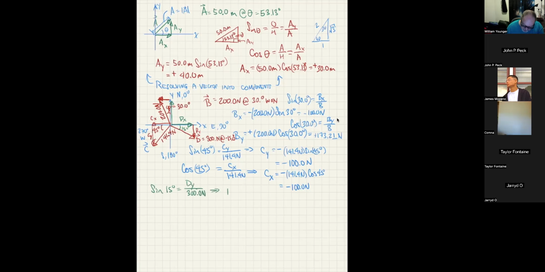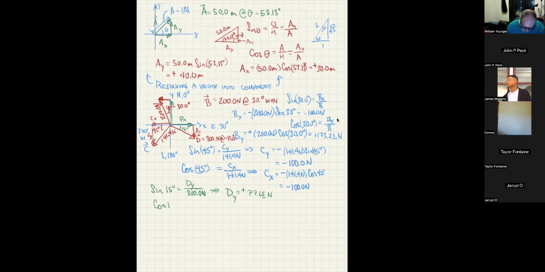What that means is that dy, which I'm forcing to be positive, so I'm going to force that sign right there, and I'm going to do 300 times sine 15, and that's going to give me 77.65, which is really one extra sig fig, so I'll put the newtons there.